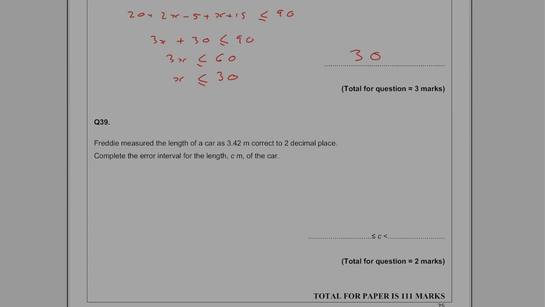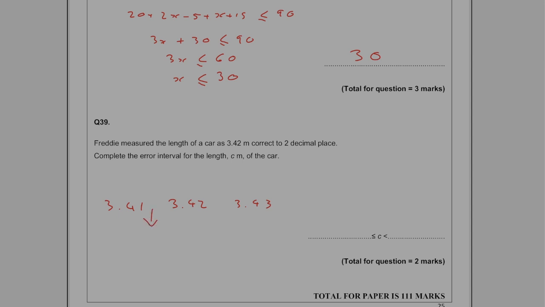Right, question 39. Freddie measures the length of a car as 3.42, correct to 2 decimal places. Complete the error interval. So it's been rounded to 3.42 as opposed to 3.41 or 3.43.